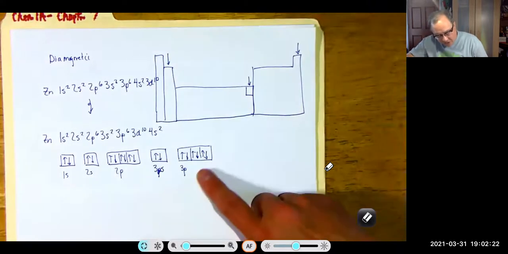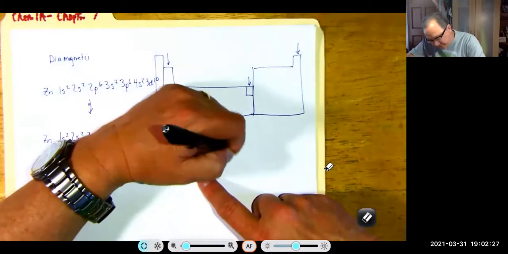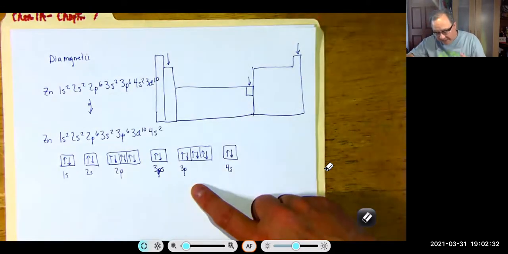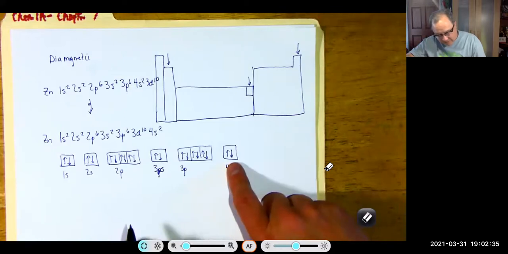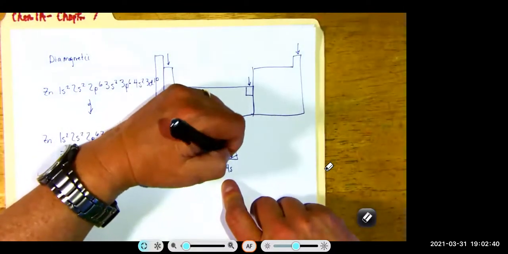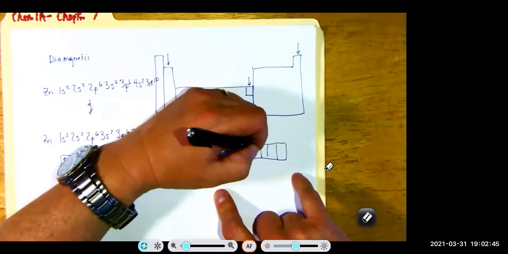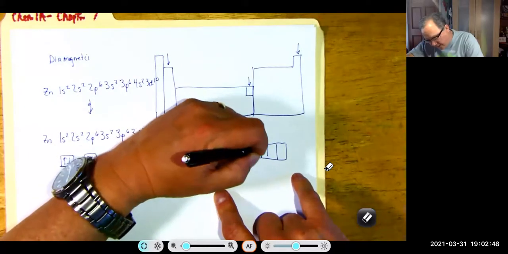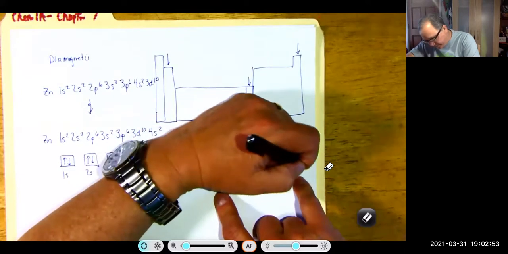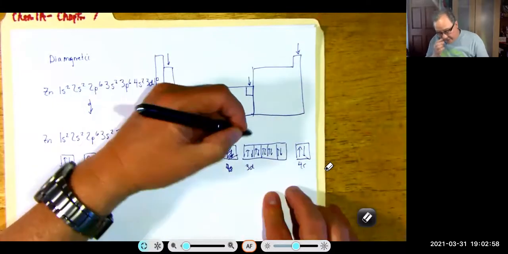So that would be argon right there. And then we have this 4s. Actually, my mistake, that would not be argon, and I forgot my 3d10. So does argon end at 3p6? Yep. So here I got to do 1, 2, 3, 4, 5, 6, 7, 8, 9, 10, and then my 4s. So the difference is 3d10, 4s2? Yeah, that's the difference.